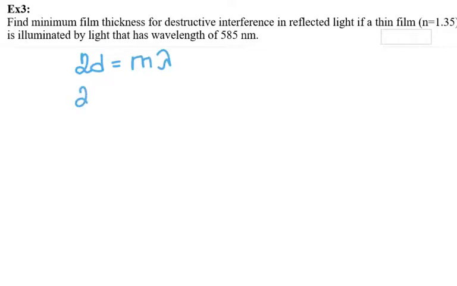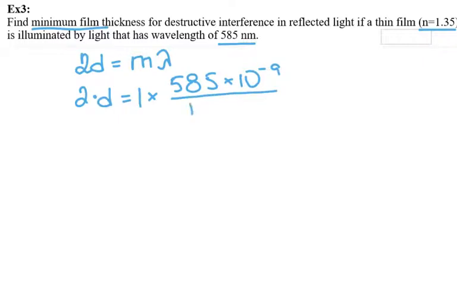I'm looking for the minimum thickness, so m is going to be 1, and the wavelength is 585 in the vacuum, but I have to divide it by the index of refraction. So I have 585 nanometers divided by the refraction index, which is 1.35. So the minimum distance needed to cause destructive interference for this light green light would be 217 nanometers.